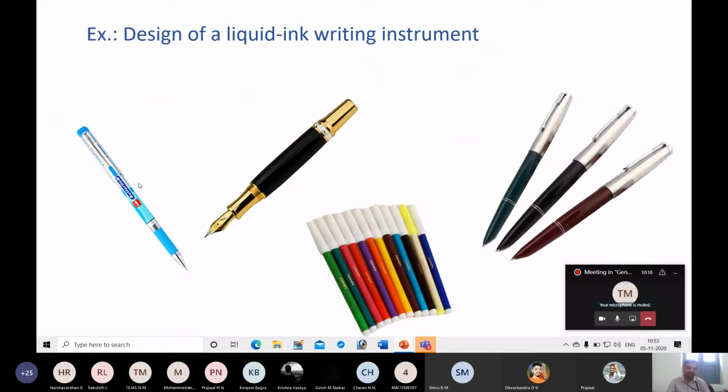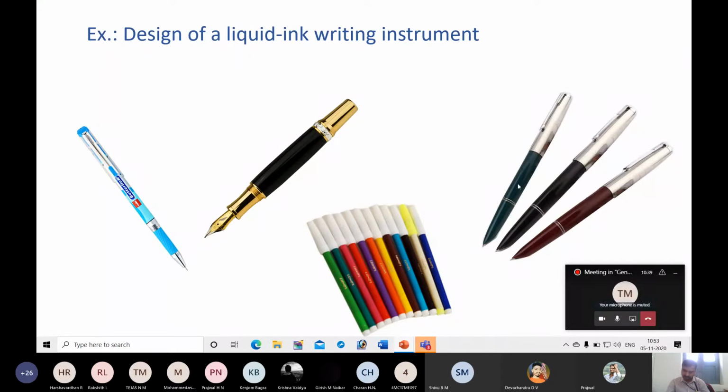In case of a ball pen, which is the ink reservoir? Refill. The refill is the ink reservoir. In case of a fountain pen, this rigid tube is the ink reservoir.